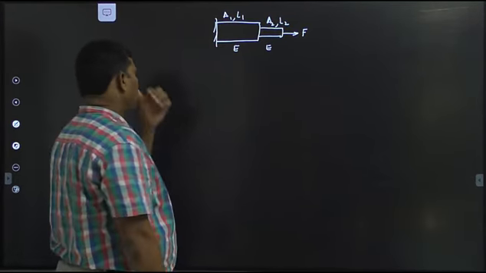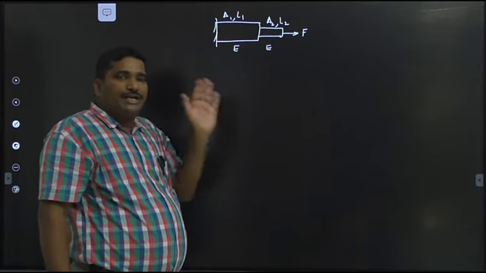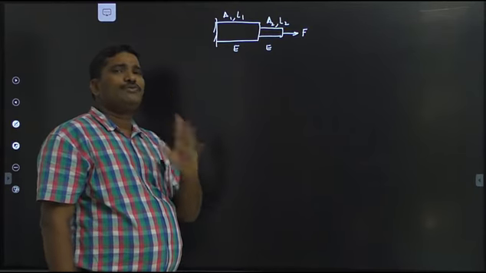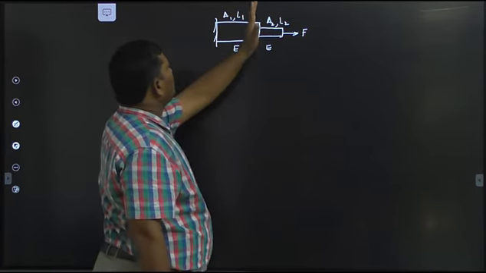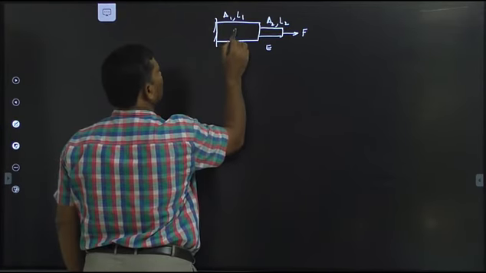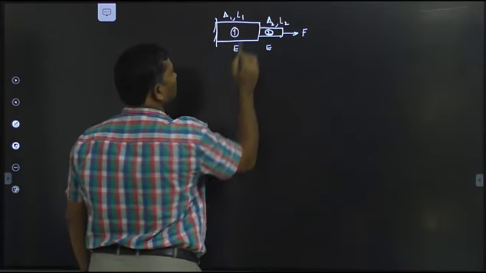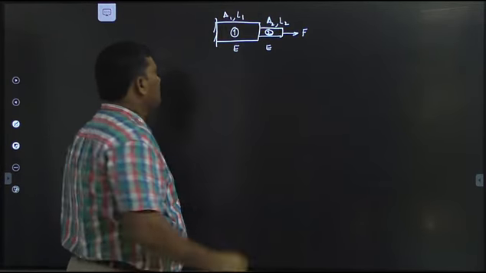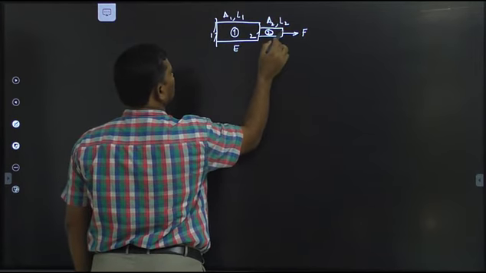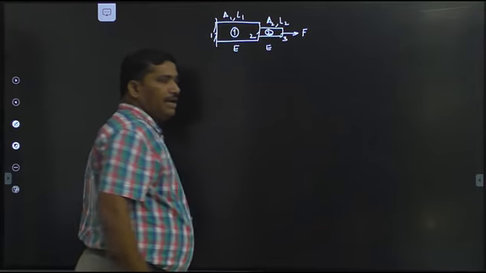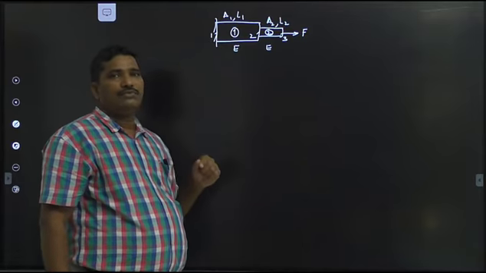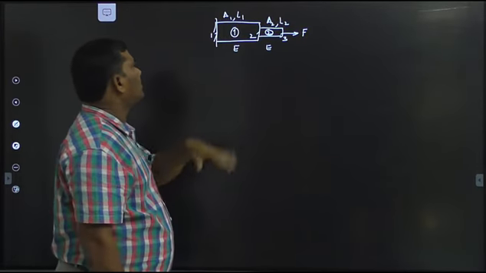Now, I implement the finite element method. How many elements can you take here? A minimum of 2. From here to here I take one element, from here to here I take another element. Therefore, this is element 1 and this is element 2. How many nodes do we observe? We can locate one node here, 1, another node here, say 2, and this is the third node. It is a 3-node finite element model.